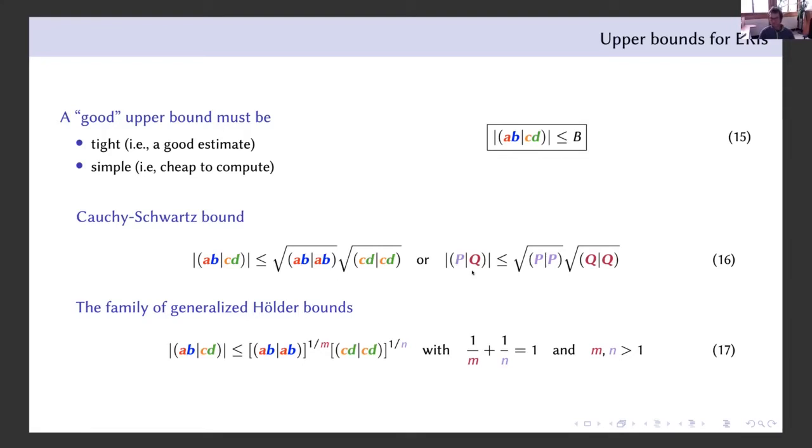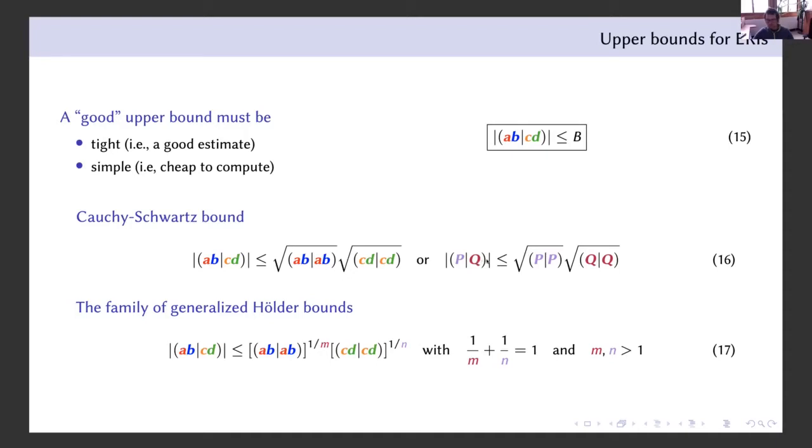No? Okay, so the main problem with the Cauchy-Schwarz bound is that it's going to be blind. It's not going to be able to tell me if the center P and the center Q are far away from each other.